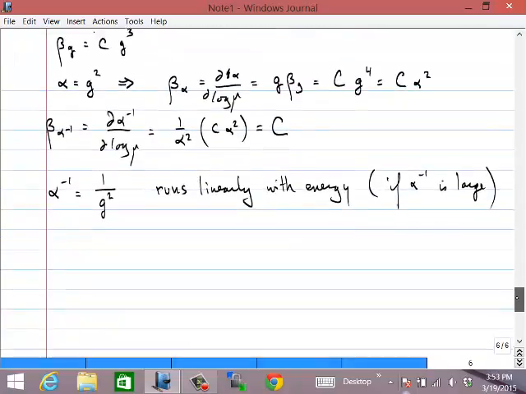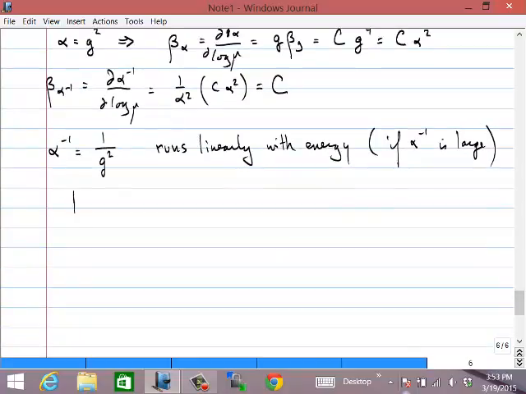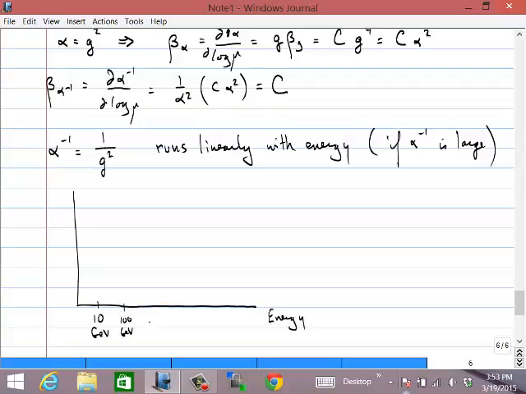So that means, for example, that if you want to study the change of the couplings with energy, I'll work on a logarithmic scale, so the horizontal axis will be energy, and it'll be logarithmic. So for example, this would be, say, 10 GeV, and then we would have 100 GeV, and so on and so forth.